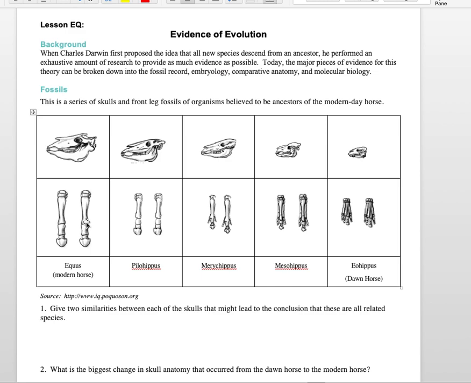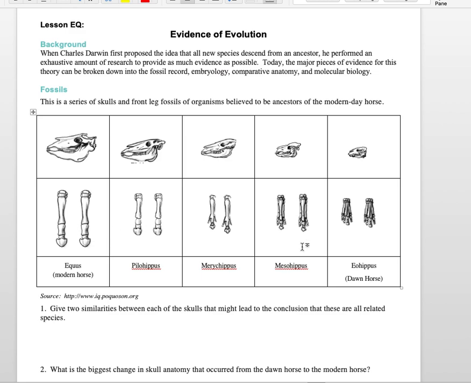Comparatively, if we look at the limbs, the front legs, we can see that in the dawn horse, or the Eohippus, there are many small bones that make up those particular front legs. And so that's majorly different as well. You can also see that the length is substantially shorter than the modern horse.